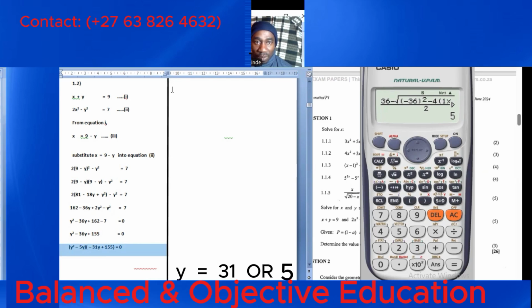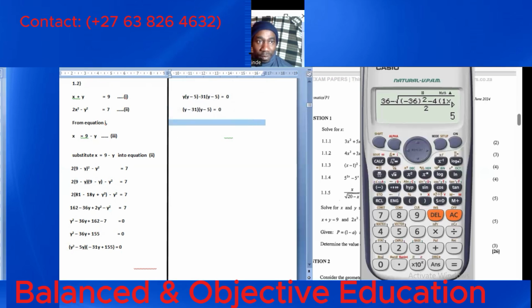Those are the two values. So we are still factorizing here. For those of you that would like the manual method, you can just follow these steps. So we have Y equals 31 or Y equals 5.